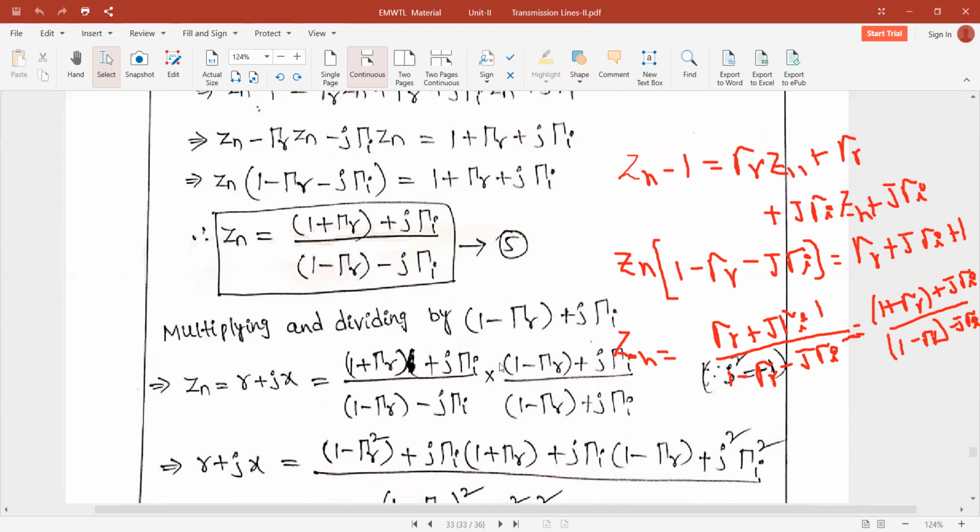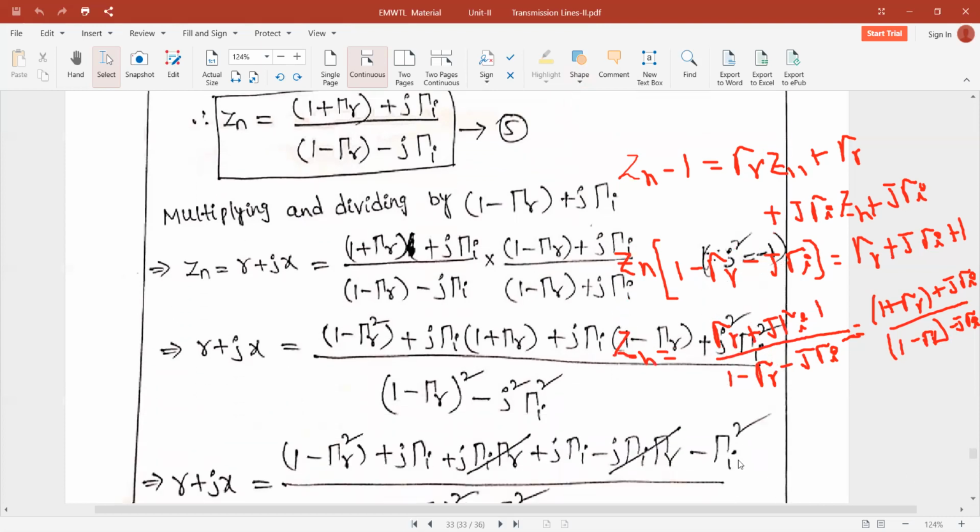That Zn is equal to, we are saying that in the Smith chart there are two circles. One circle is the resistive component R, another circle is the reactance component X. So then equate with R plus jX after rationalizing. After rationalizing, the denominator becomes 1 minus gamma r whole square minus j square into gamma I square, that is 1 minus gamma r whole square plus gamma I square.